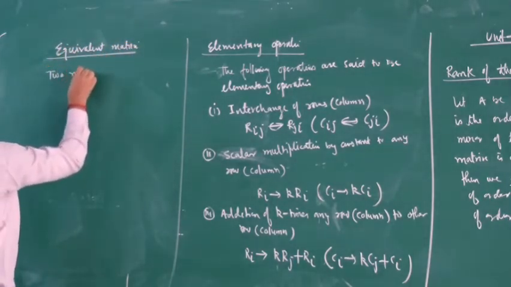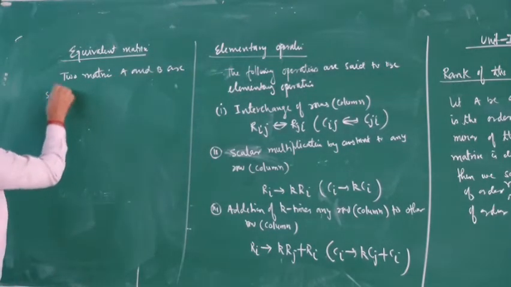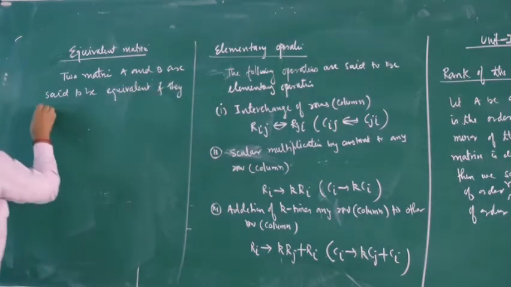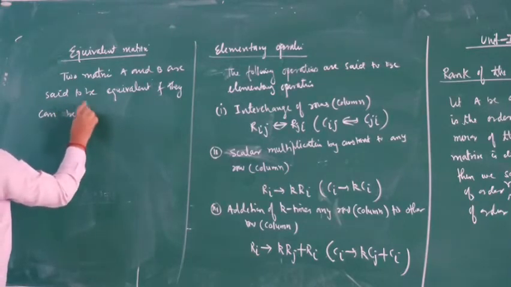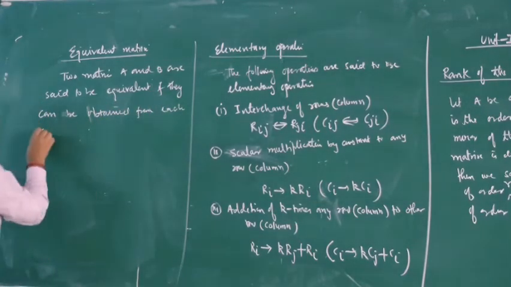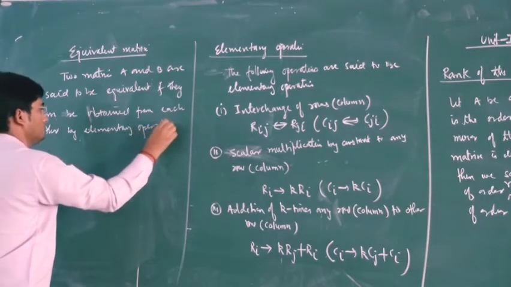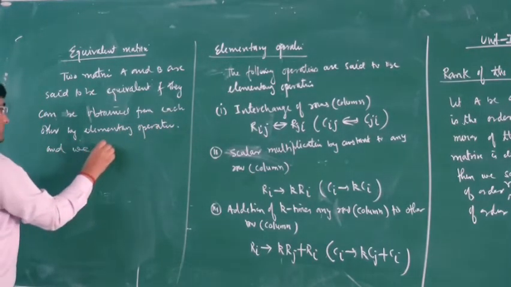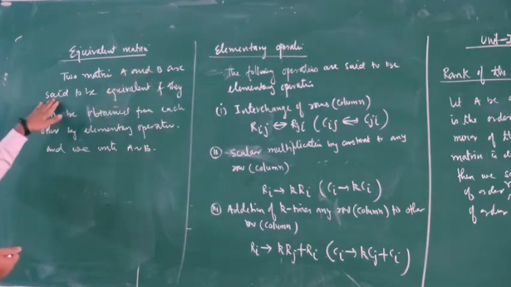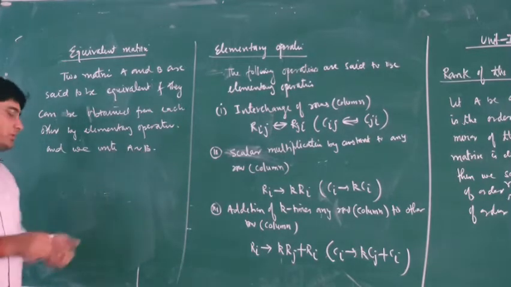Two matrices A and B are said to be equivalent if they can be obtained from each other by elementary operation, and we write A is equivalent to B.